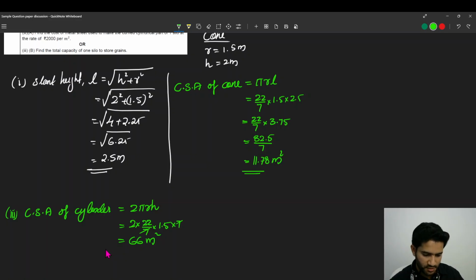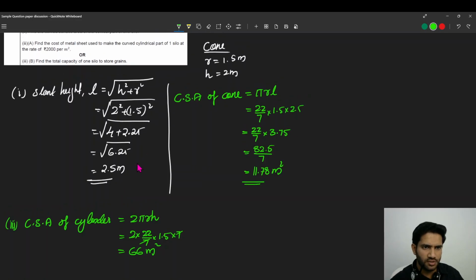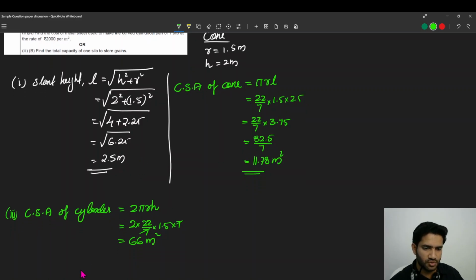Now what's the question here? We want to find the cost of the metal sheet. The cost of metal sheet is rupees 2000 per meter square.